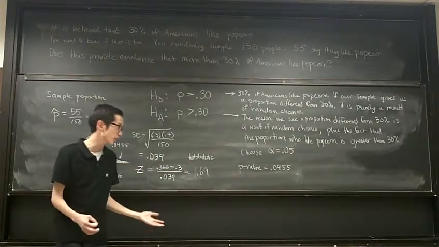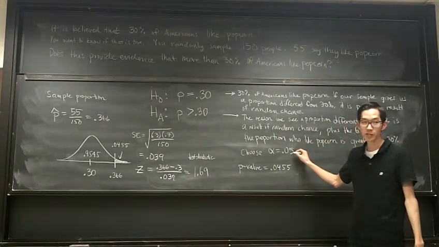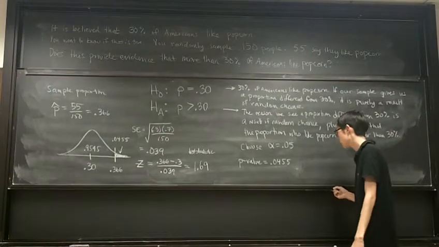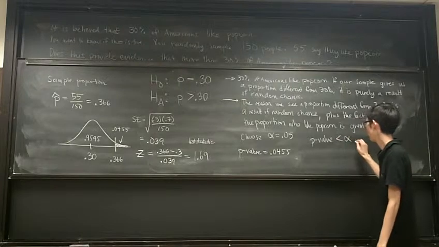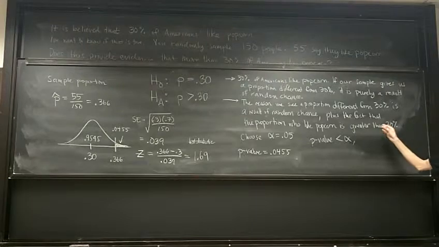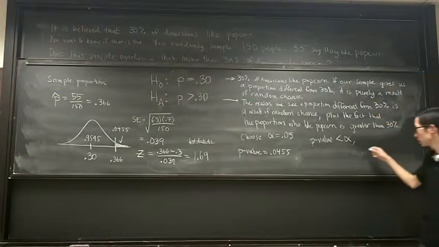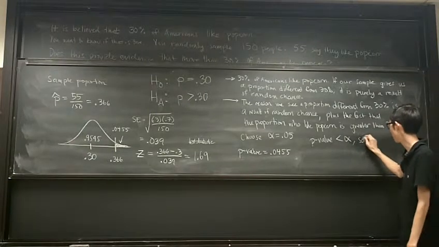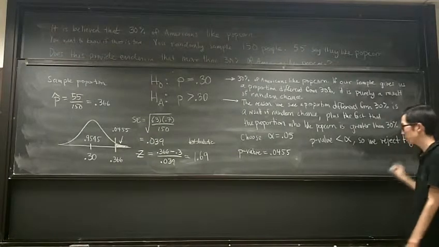So now we make a judgment call. At this point, is my p-value bigger or smaller than alpha? My p-value is less than alpha. So do I reject the null hypothesis, or do I not reject it? I reject the null hypothesis. The p-value is less than alpha, so we reject. And what does that mean?